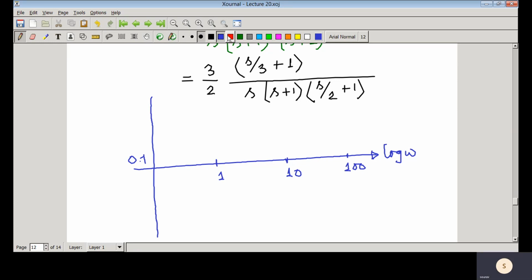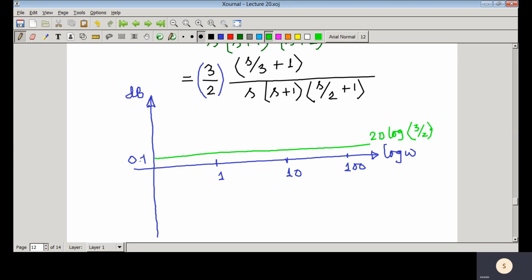The first one is the gain, so one factor you would have is 20 log of 3 by 2, in dB. So 20 log 3 by 2 comes to nearly 3.52 dB. So one line would be there which is like this, that is 20 log 3 by 2.